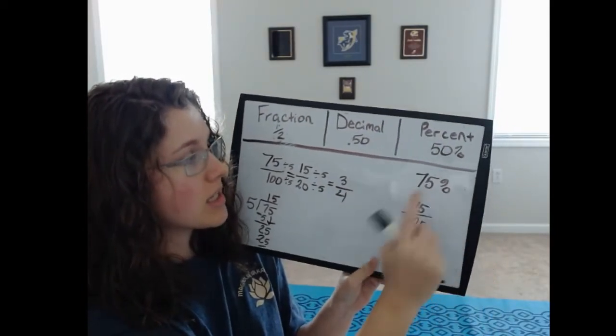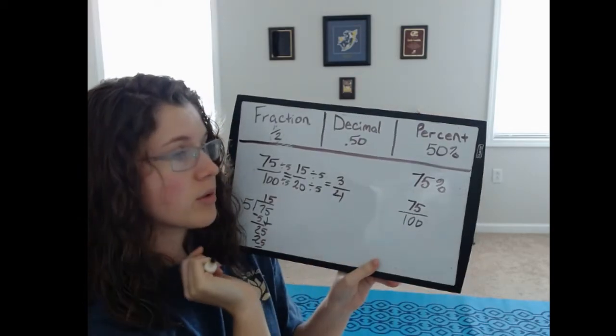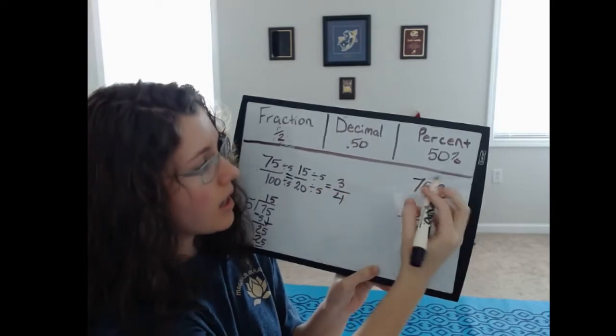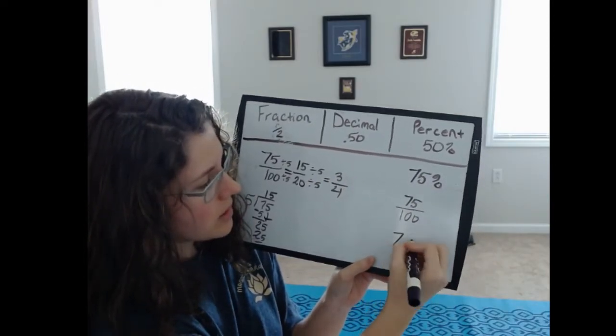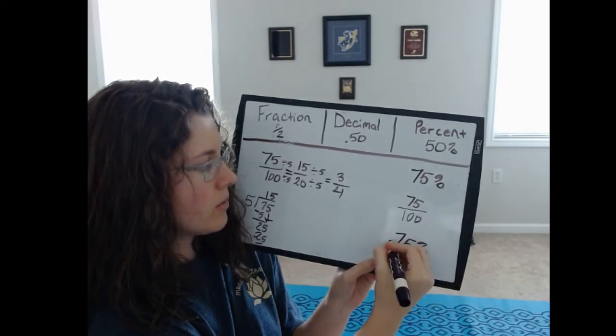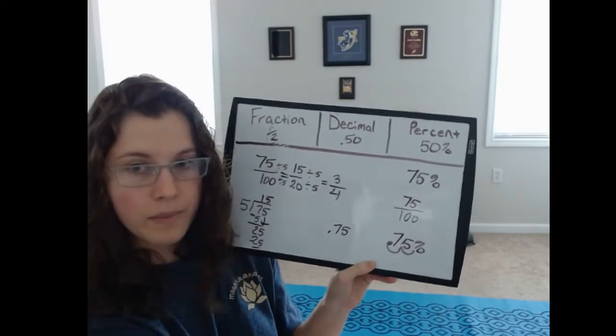If you wanted to change your percent to a decimal, instead of moving your decimal 2 places to the right, you would kick it back the other way, 2 places to the left. So if I want to change 75% to a decimal, I would just go 1, 2. My decimal is 0.75.